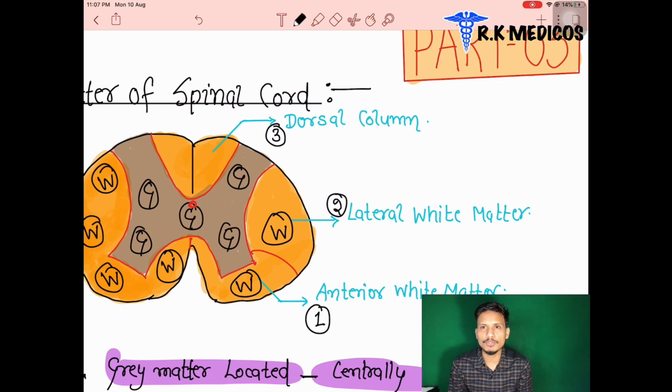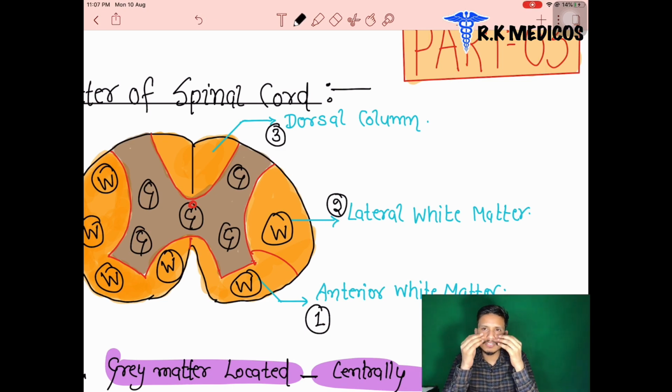When they carry information from the different parts of our body, the sensory fibers, and move upward in the body going to the brain, that is basically called the sensory, afferent, ascending tract. Simple.